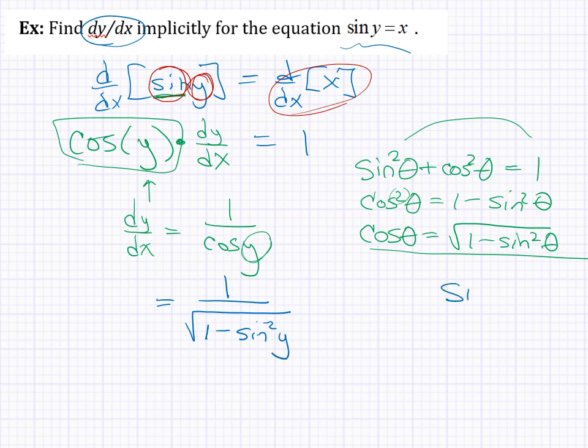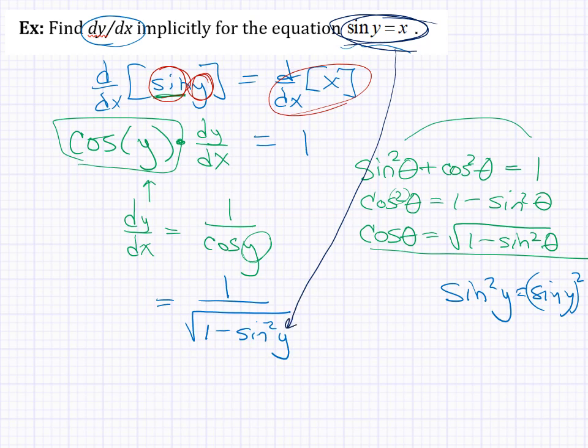Again, remembering that sine squared y equals sine of y all squared, we're going to use the fact that this tells us that sine of y is equal to x. So this should be x squared. So 1 over the square root of 1 minus x squared is another way of writing the derivative with respect to x, dy dx. Now, why would we do that?